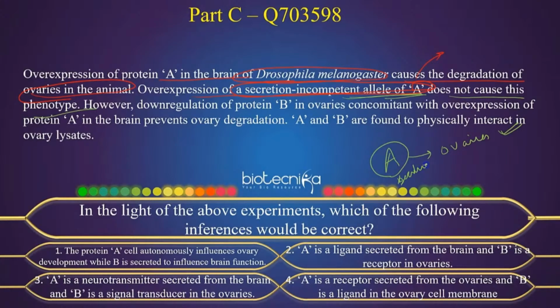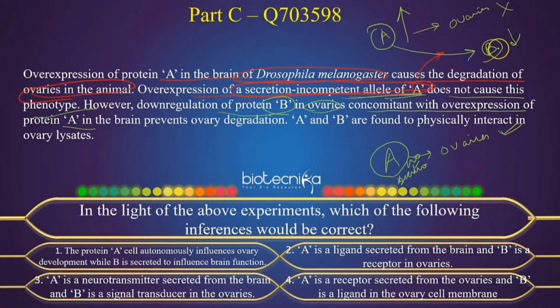Okay, so no secretion means ovaries are fine, but if you are overexpressing A and secretion is also there, then ovaries are getting damaged, right? However, downregulation of protein B in the ovaries, concomitant with overexpression of protein A, means along with protein A overexpression, if you make B protein come down in ovaries, overexpression of protein A in the brain prevents ovary degradation.